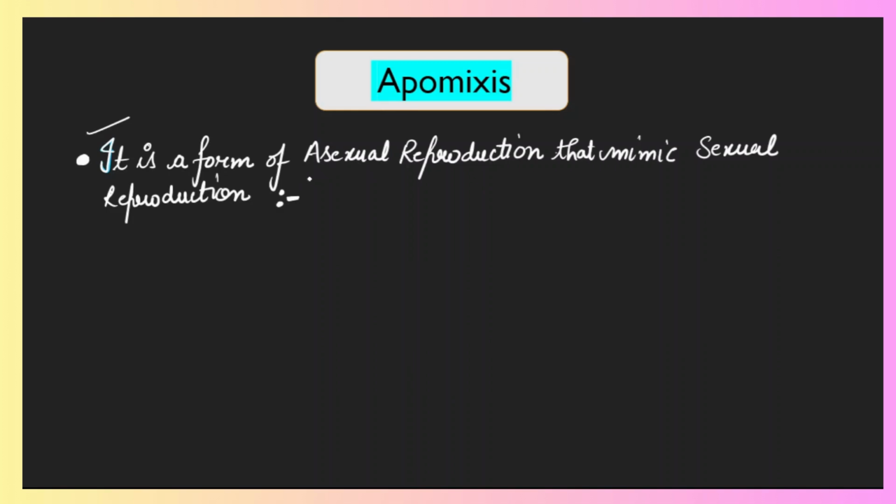Apomixis is a form of asexual reproduction that mimics sexual reproduction. What is the meaning of this line? It is a form of asexual reproduction. Why asexual reproduction? Because we know that apomixis takes place without fertilization.